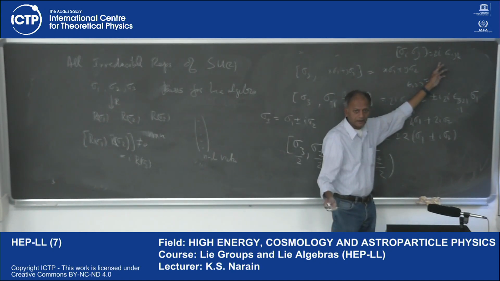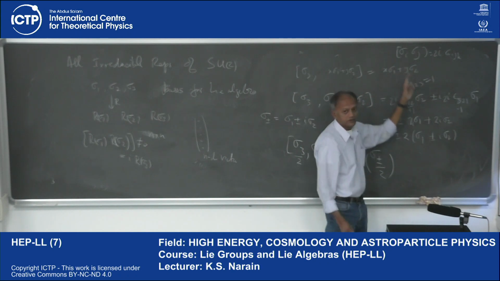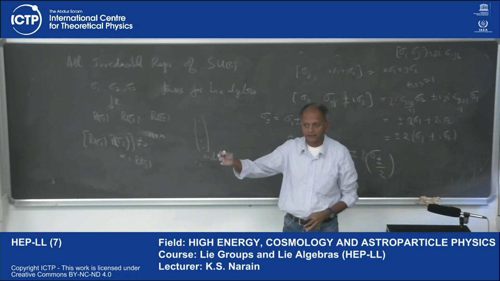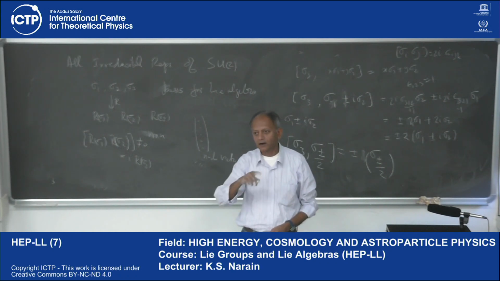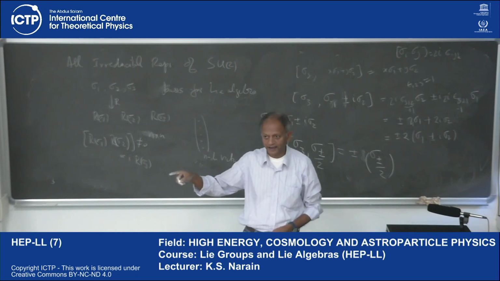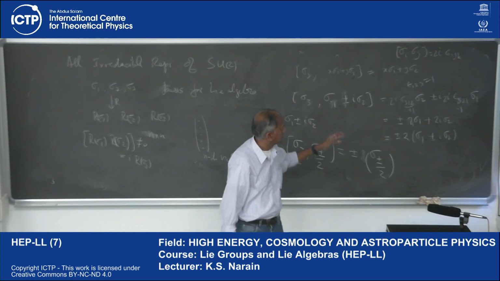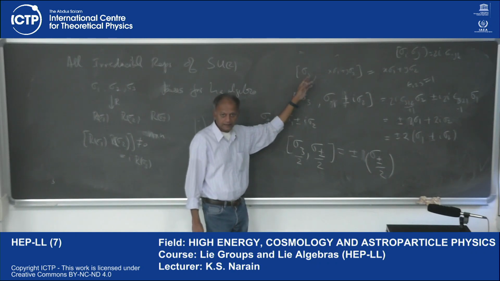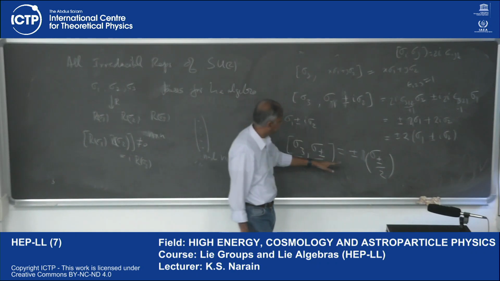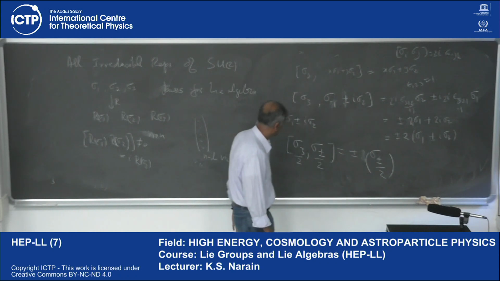This we did already. Remember, it was sigma by 2 which was related to the SO(3) generators. Sigma A by 2, or i sigma A by 2, was related to J. I don't put i because I want sigma 3 to be Hermitian. That's why I removed the i there. So we have this relation.